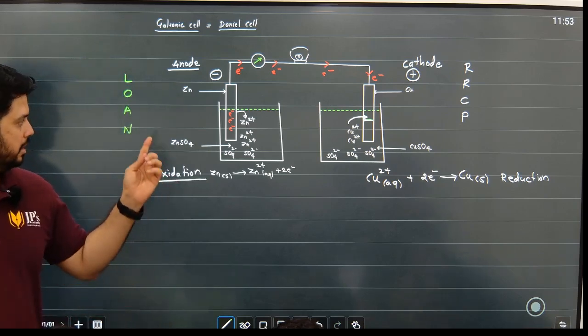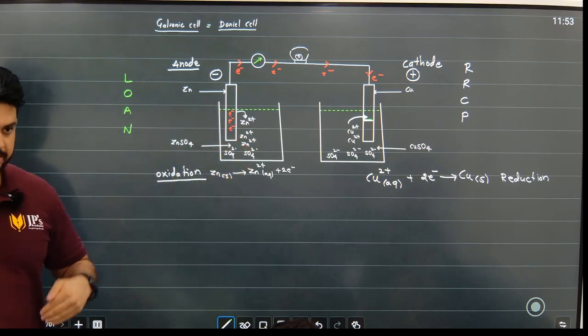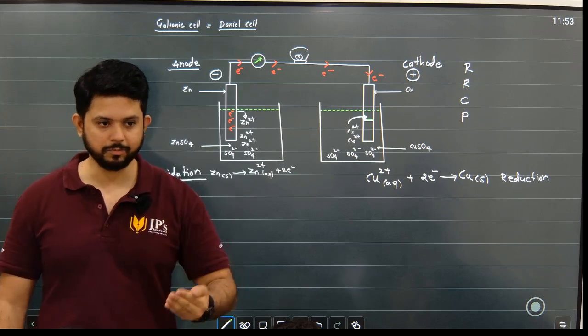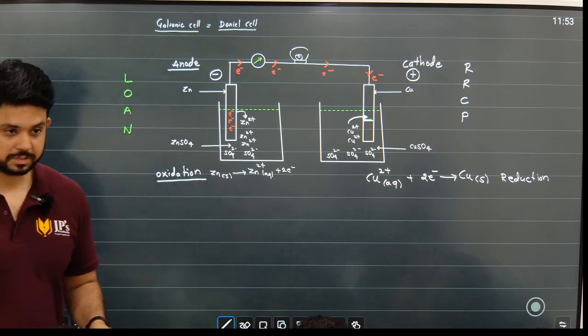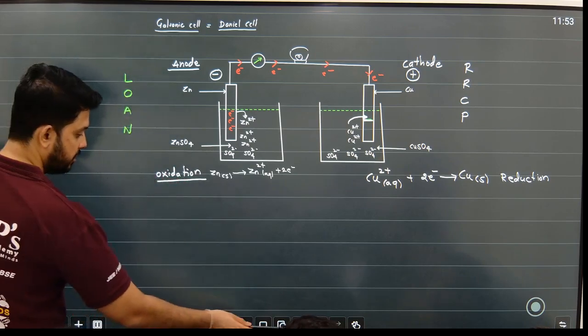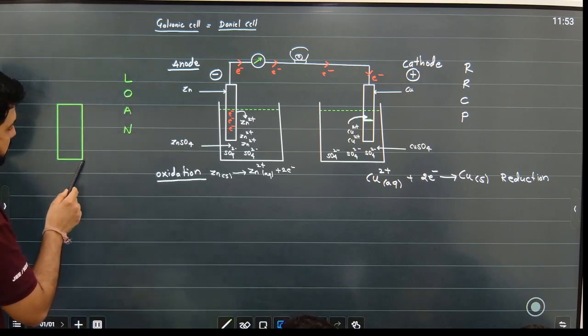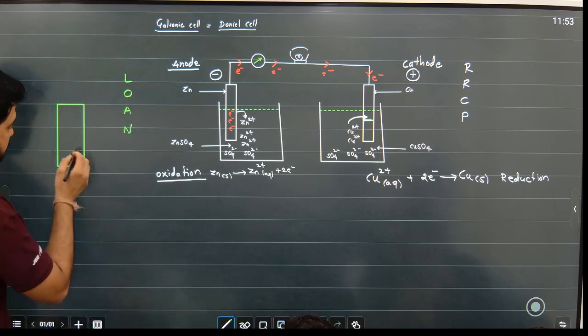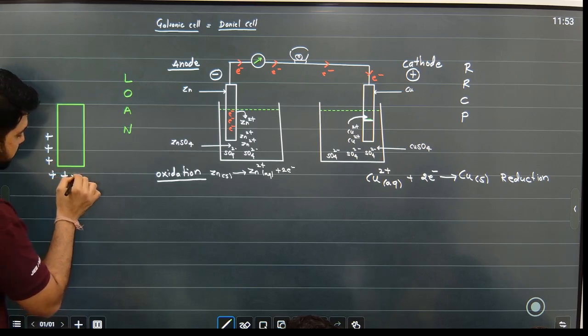Let's understand this. From the zinc rod, what is coming into the solution? Zn2+, Zn2+. As a result of which, the solution becomes concentrated with what charge? Positive charge. So on the left-hand side, what's happening is Zn2+ everywhere.